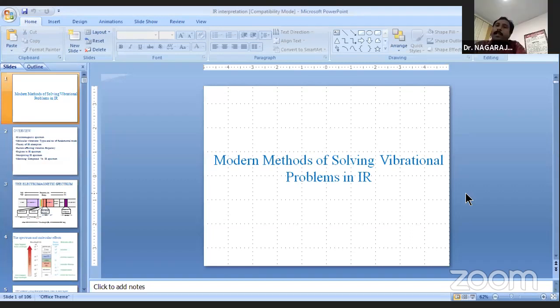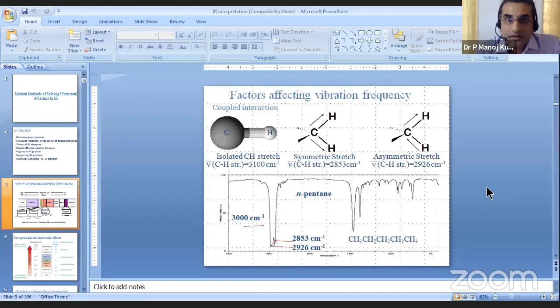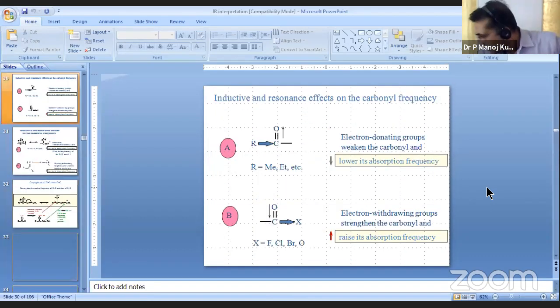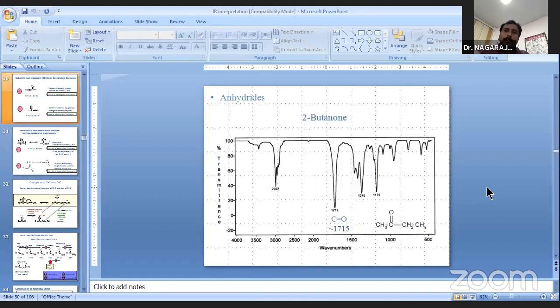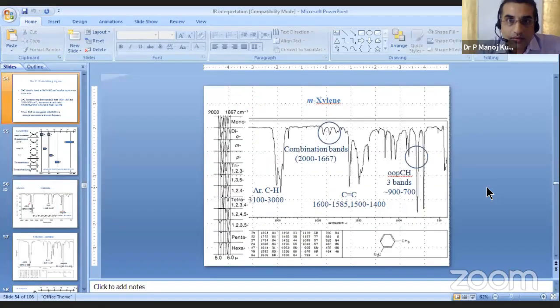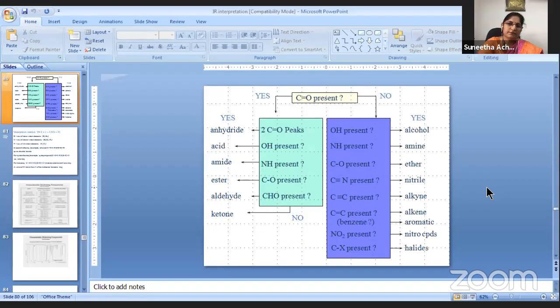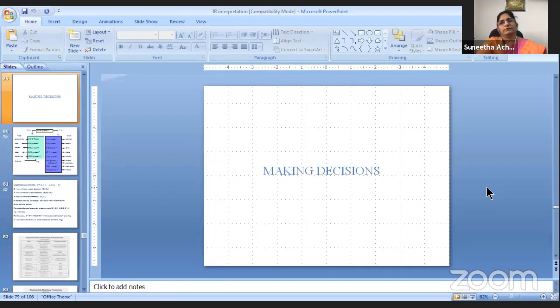How is this IR spectra interpretation useful, especially in characterization of drugs from plant extracts? Plant extracts, okay. Yes, sir, I'll come back to the slide. Just a minute. I'll keep my slide ready. I think my slide is visible now, madam. Yes, sir. Okay, so here is where we stopped.